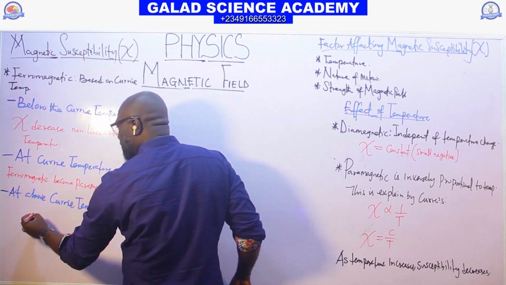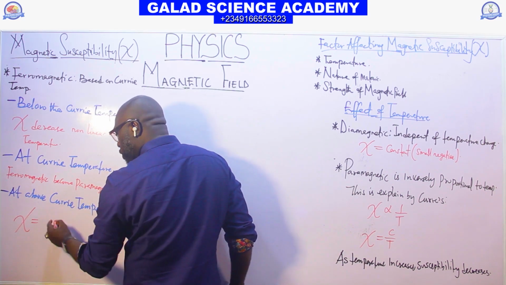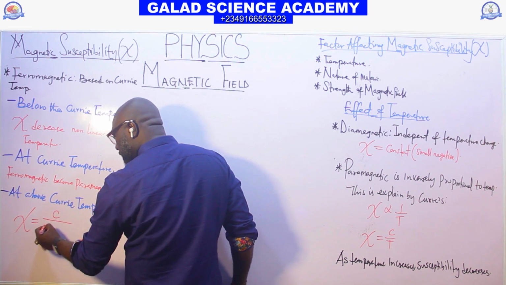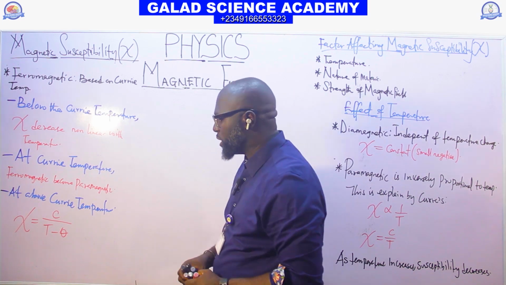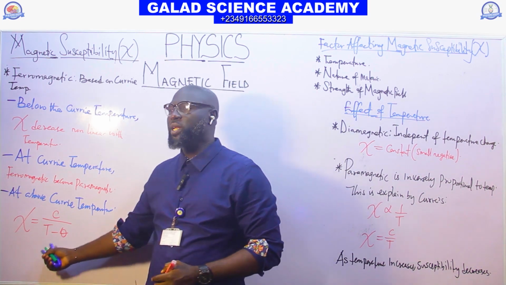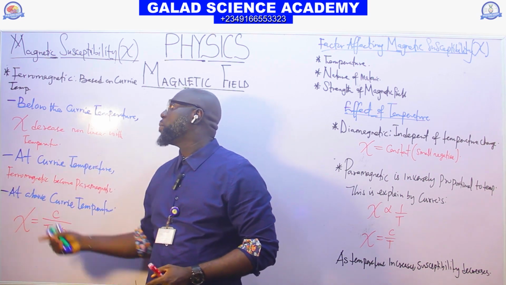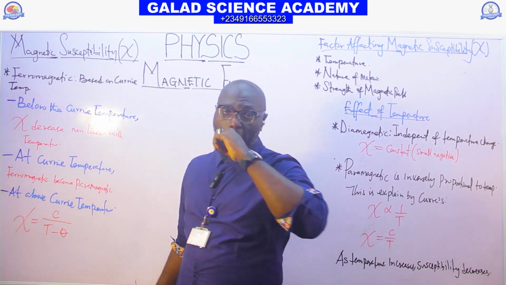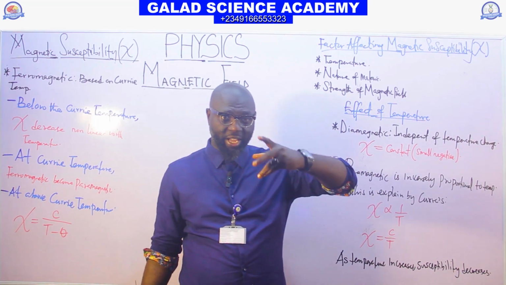The susceptibility of ferromagnetism will be equal to C over T minus theta. This is the magnetic susceptibility of ferromagnetism.